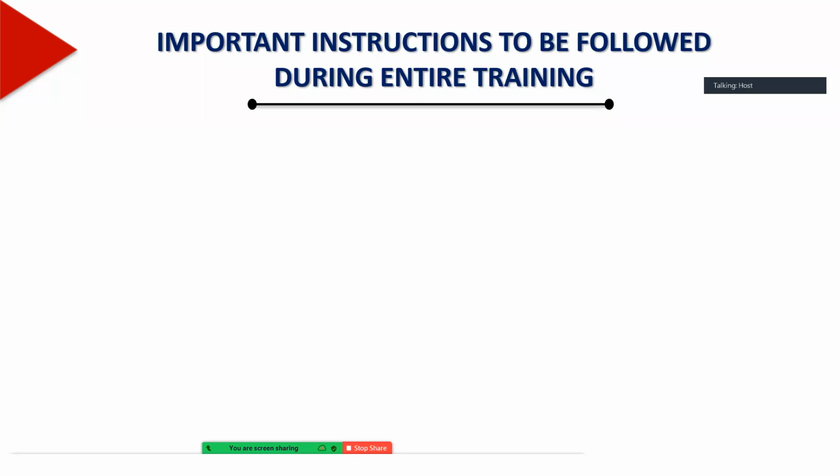To go with ease and to understand everything and to avoid all kinds of problems and disturbances, here you all have to follow some instructions. These are the guidelines on how to attend the session so that we can move effectively and learn everything in a better way, so that there will be no disturbance. Got it?